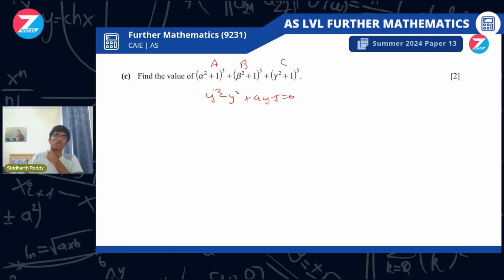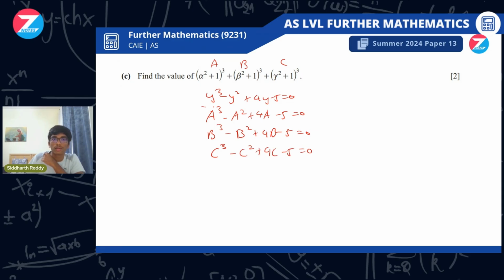So since these are all roots of the equation, we should be able to substitute them like this: alpha cube minus alpha square plus 4 alpha minus 5 is equal to 0. B cube minus b square plus 4b minus 5 is equal to 0. C cube minus c square plus 4c minus 5 is equal to 0, right?